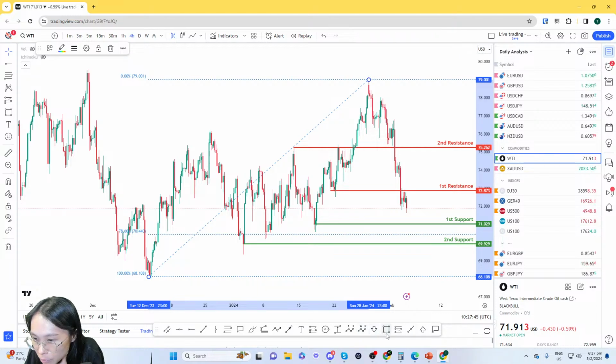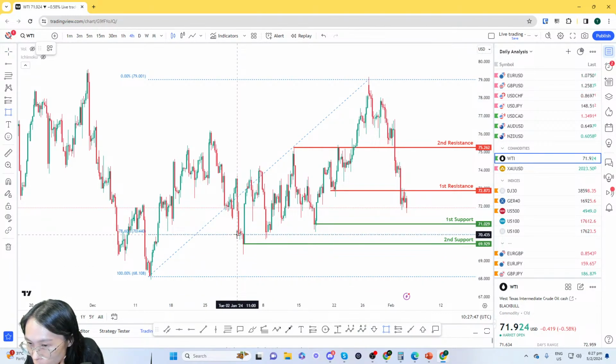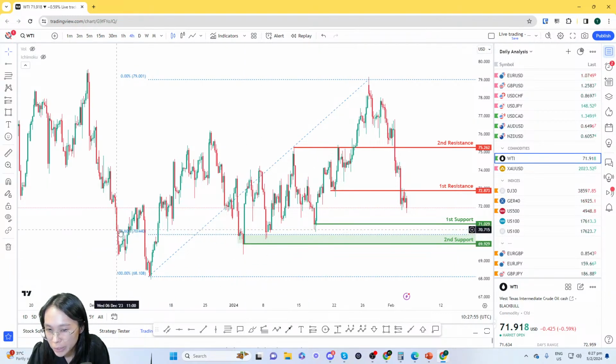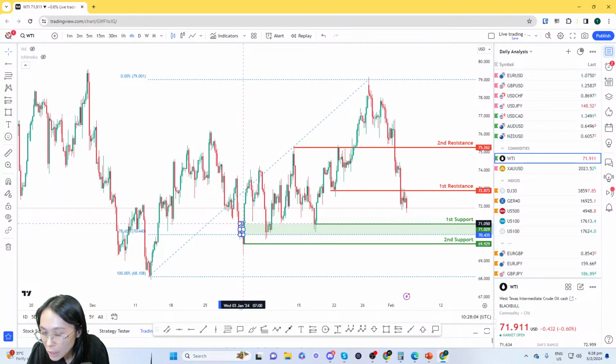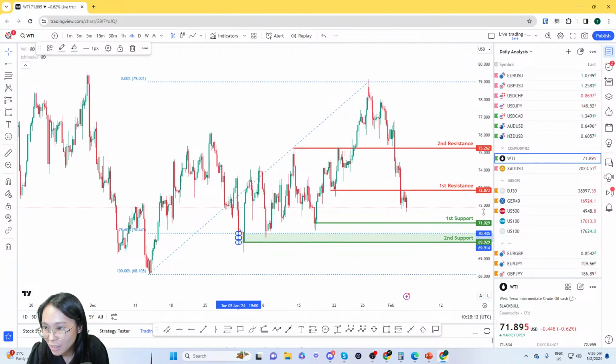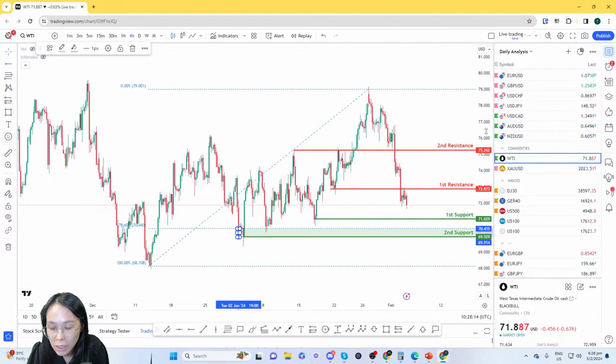Because the 78.6 is somewhere in between, you can either join it with the first support or with the second support. Personally, I would prefer the second support, as the first support is a bit too big. So this will be the key support and resistance level for WTI.